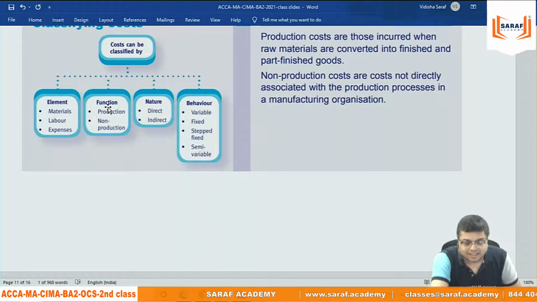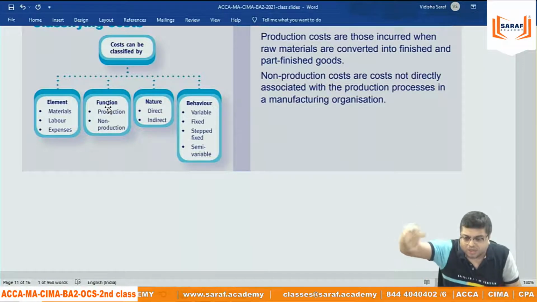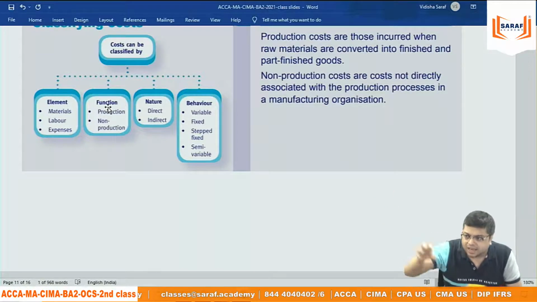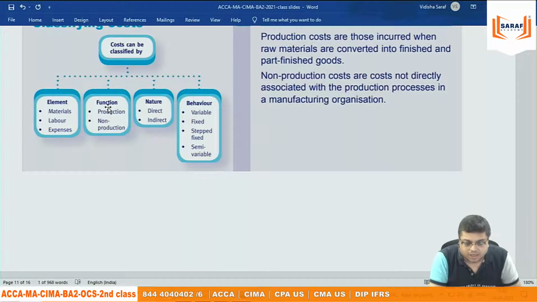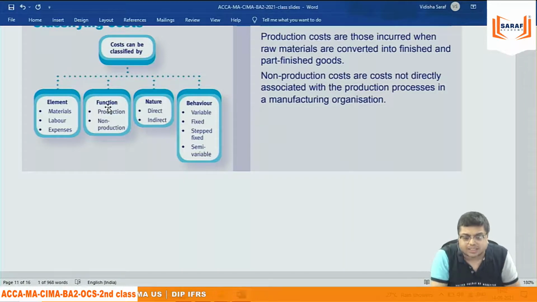Selling is marketing, but distribution is taking the goods by packaging and all that to the customer. Delivery charges. Distribution can be, I am keeping the goods in the warehouse for the delivery purpose. That is distribution. Selling is marketing, advertisement, promotion, but distribution is providing the goods to the customers.